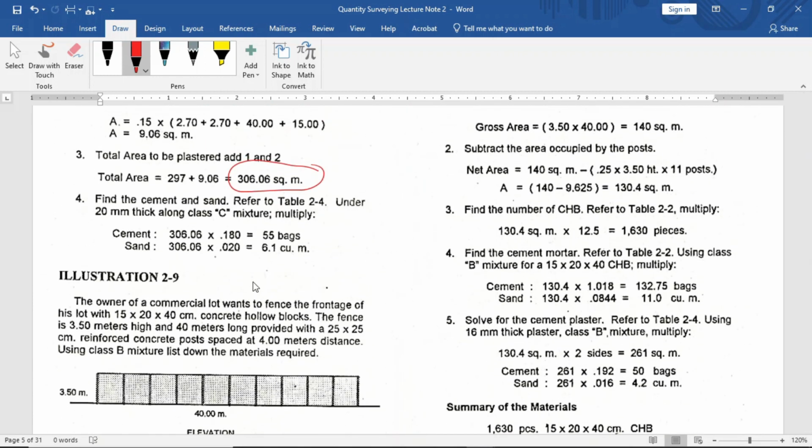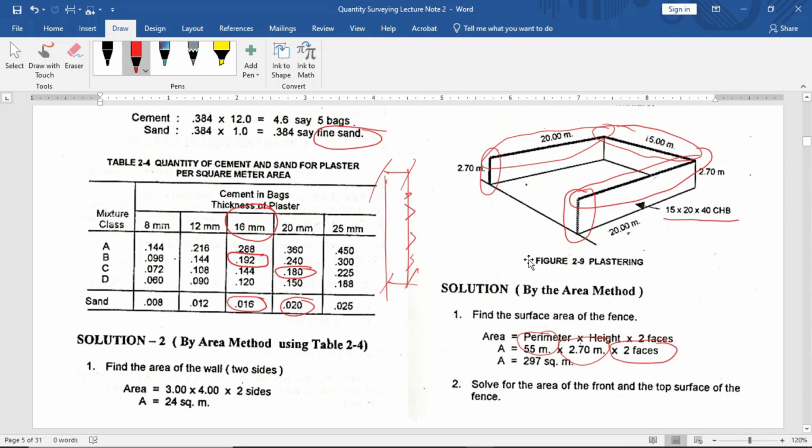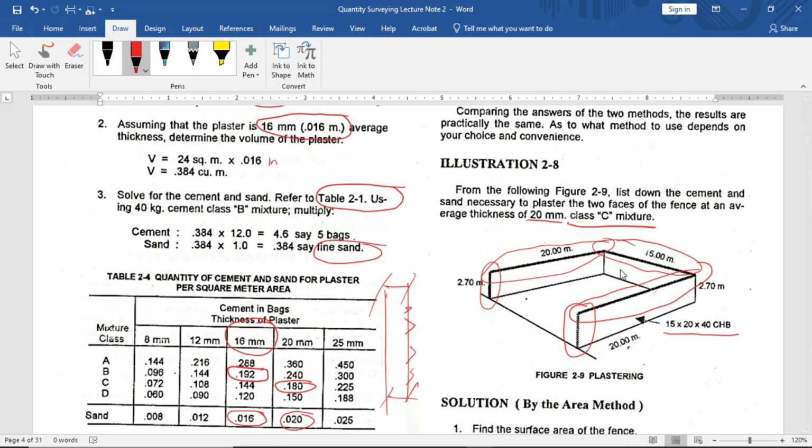Ito. So, 306.06 times 0.18 is equals to 55 bags. Tapos, ang sand naman is 306.06 times 0.02, 6.1 cubic meters. So, yan yung computation natin para sa plastering ng itong wall na ito. Yan.